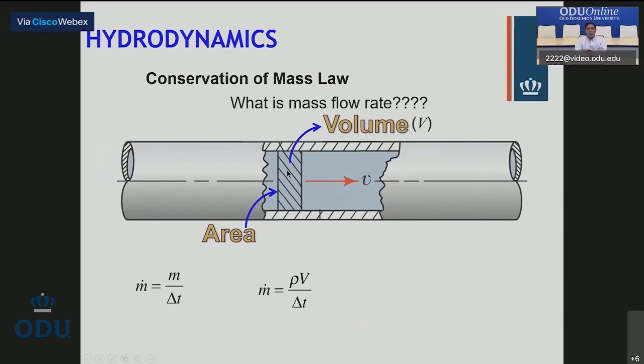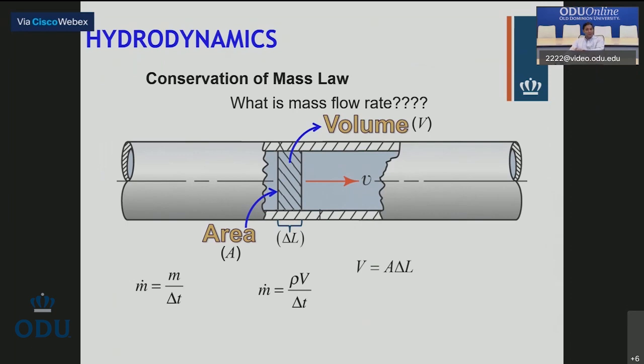Now, that volume can be computed with the cross-sectional area times this distance. But this distance, as I explained to you when I showed you the video, has to be related to the velocity and has to be related to the time, okay?